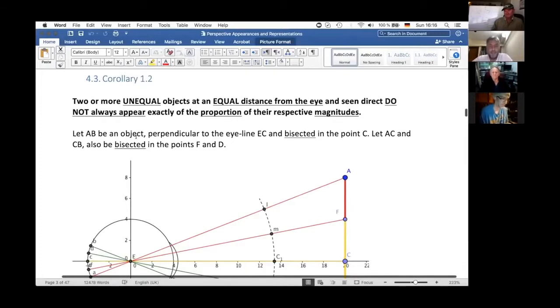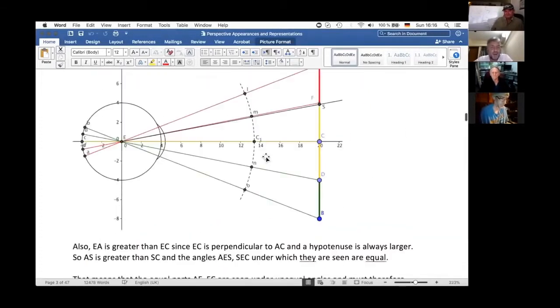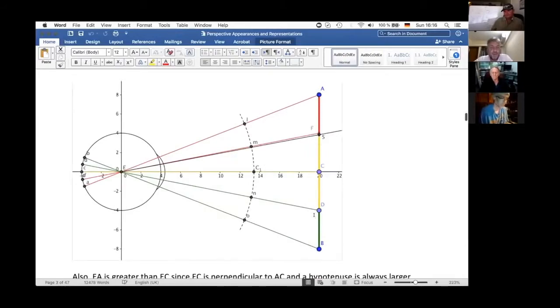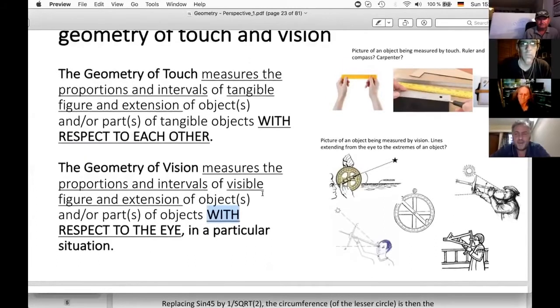But it's actually a lot more complicated than that, depending on the situation of your eye and how the object is. But when I measure visibles, then I'm always doing it with respect to the eye in a particular situation. The same way I asked you, Zach, what shape the table is. That depends on exactly the relationship between your eye and the table.